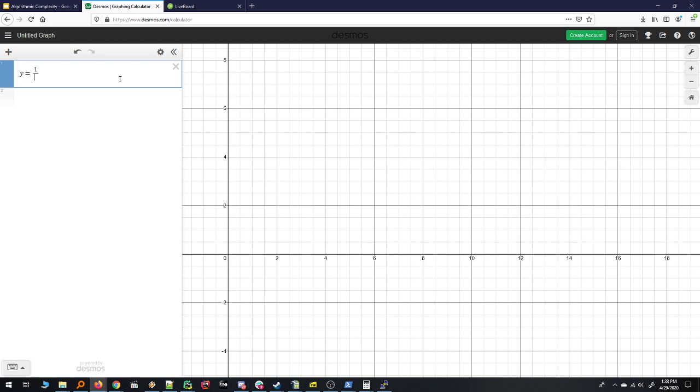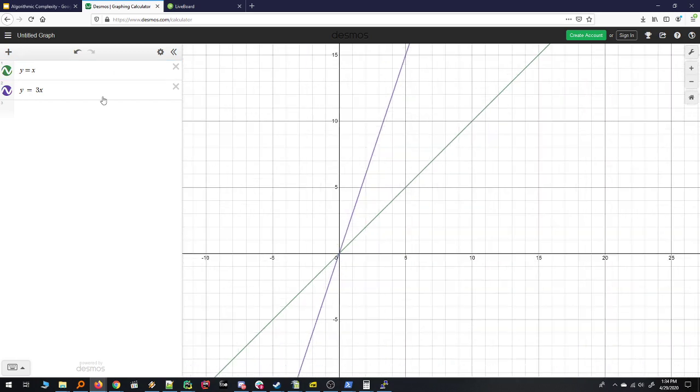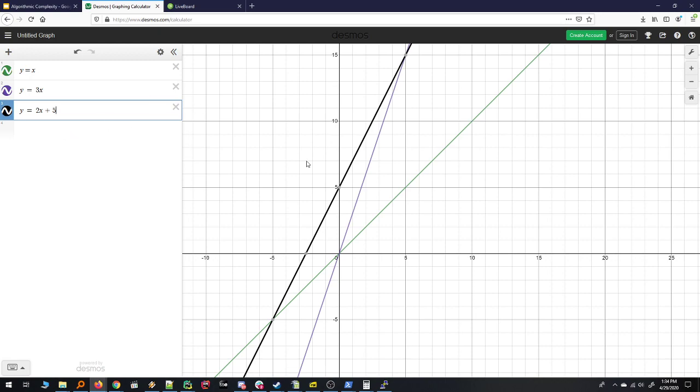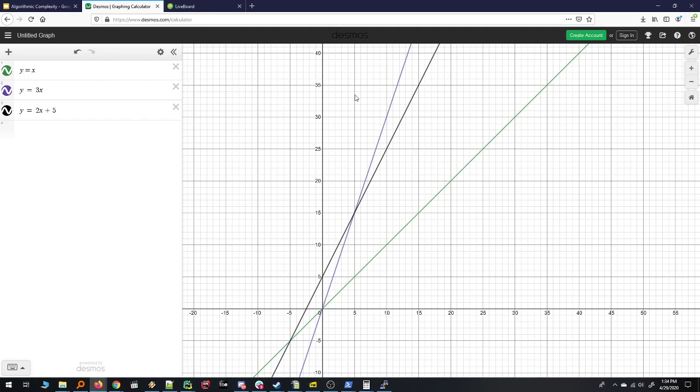Let's say that we have 1/2 of x squared, and let's make another function, 3x, and let's make this function x, right? Then we can basically say that y equals 2x plus 5 is big theta of x.